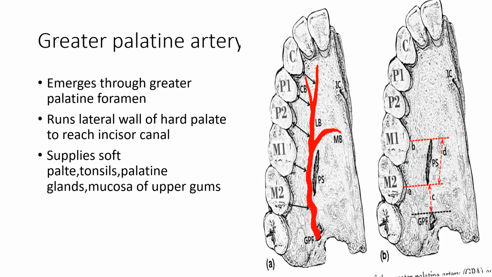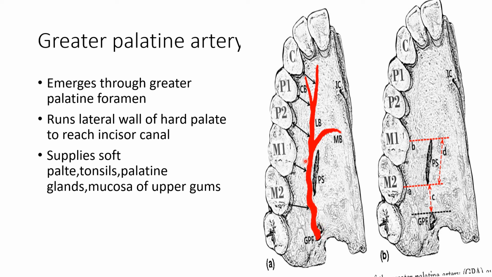Another branch of the third part is the greater palatine artery. This is the area of distribution of the greater palatine artery. When we were studying norma basalis, we discussed a foramen over here, the greater palatine foramen. From the greater palatine foramen an artery emerges, called the greater palatine artery.